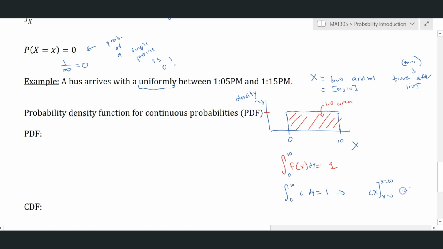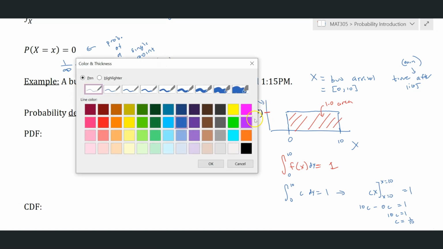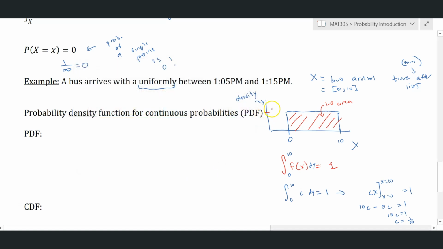And that has to equal 1, right? So here I'll have 10c minus 0c has to equal 1, which means 10c has to equal 1, which means c has to equal 1/10. So that tells me that this height right here has to be 1/10 all the way across. And that should make sense because if you take 1/10 times 10, you get exactly 1.0. So here our probability density function is f of x equals 1/10.